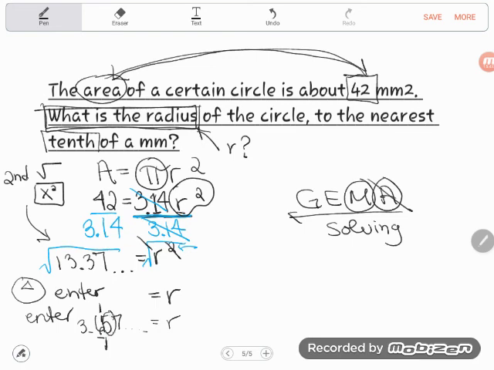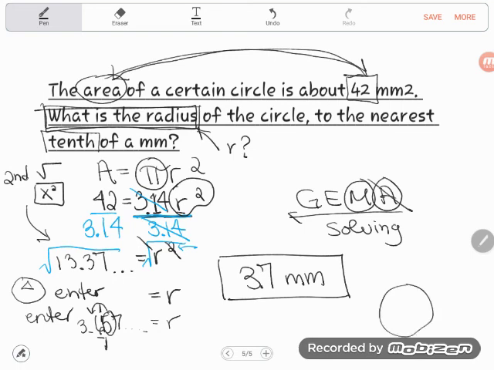Now it is 5 or higher, and so it is going to make a difference to this number before I throw it away. It's going to bump it up. So instead of 3.6, I'm going to call that about 3.7. 3.7 what? 3.7 millimeters. Even though area is measured in square millimeters, a radius is just a line. So it's going to be measured in a plain old linear distance unit, in this case millimeters.